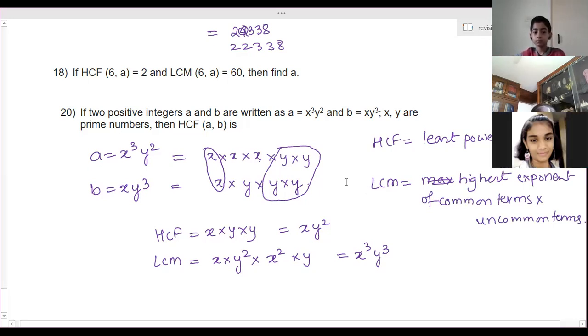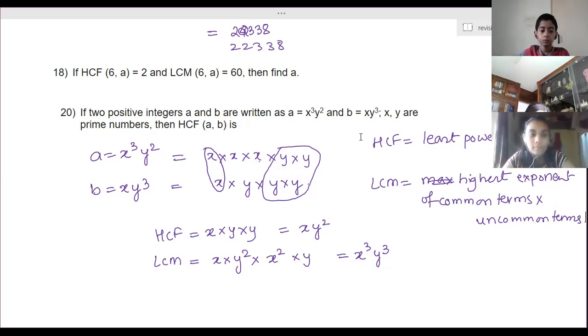In both equations, x cube y square and x y cube, x's least exponent is 1, that is x only, and y's least exponent is 2. So x into y square, that is your HCF, right?